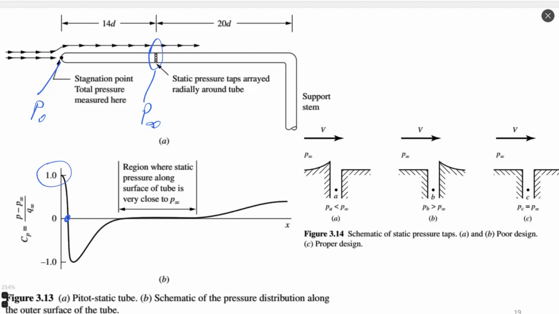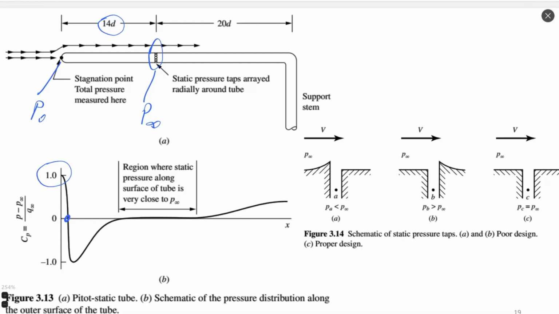It can be measured here where the pressure coefficient is equal to 0. Unfortunately, this zone has a very big gradient of pressure coefficient, so we cannot put holes exactly there. I think it's very difficult to allocate these holes on this position, on this coordinate, but approximately after 14 diameters from the tip, we will have a plateau of pressure coefficient, approximately 0 value of pressure coefficient, where we could allocate our side points with no problem, because this zone is relatively big.